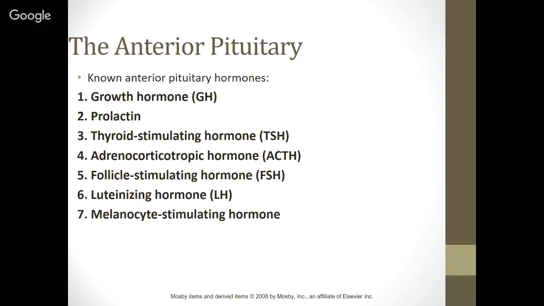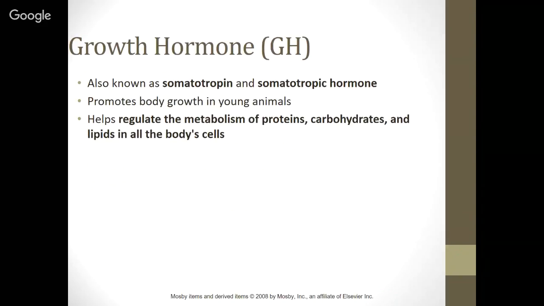So those are the 7 pituitary hormones that live in the anterior pituitary. They're produced in the anterior pituitary, and the release is caused by either the hypothalamus or the feedback system from the target organ.